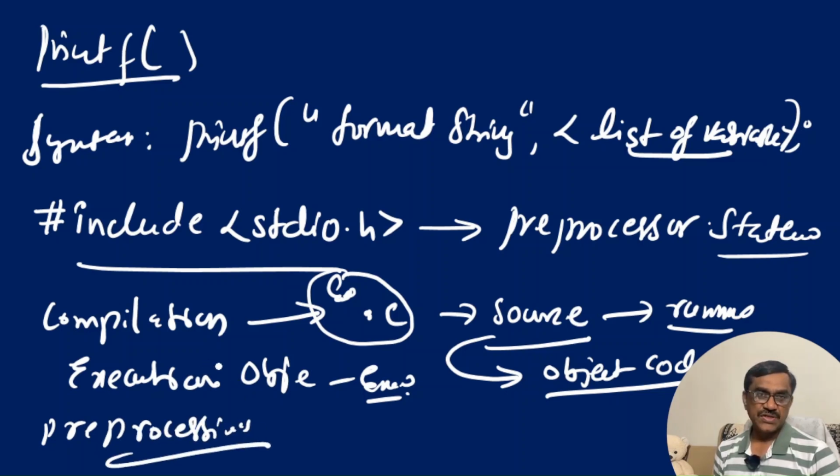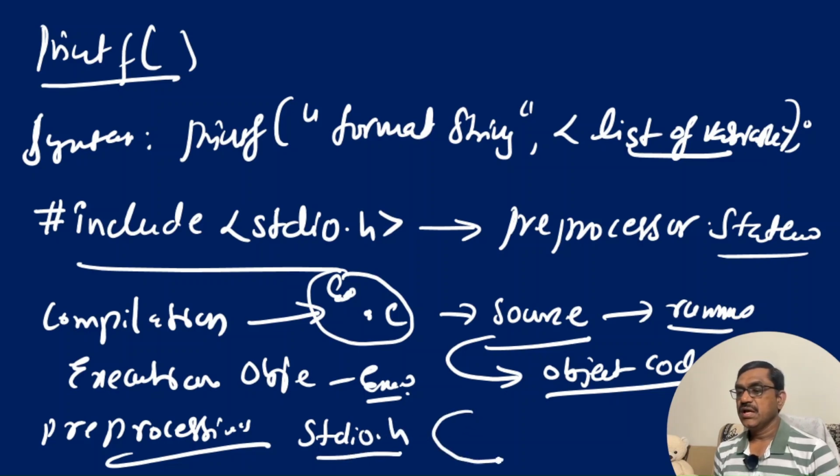Before the compilation takes place, the preprocessor is going to include the header file stdio.h into your program. That means it provides a list of functions.